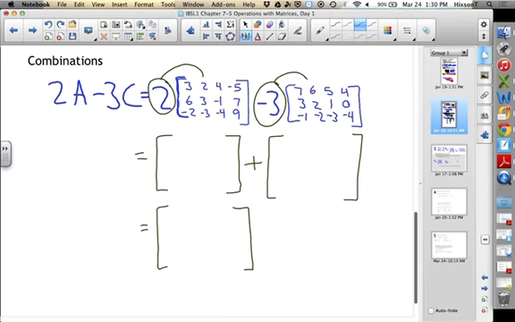Negative 10 plus negative 18. Oh, my bad. Let me see yours, I'll check it. You're actually correct.